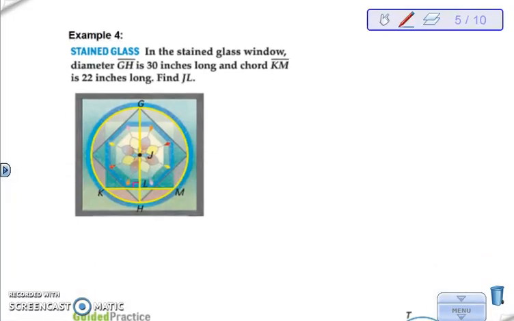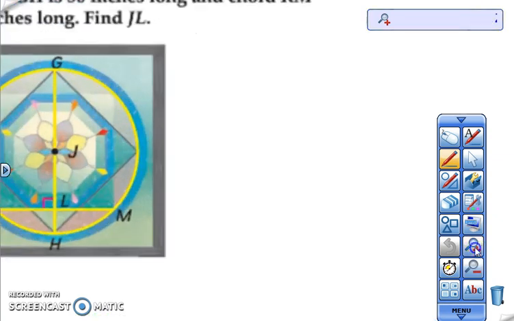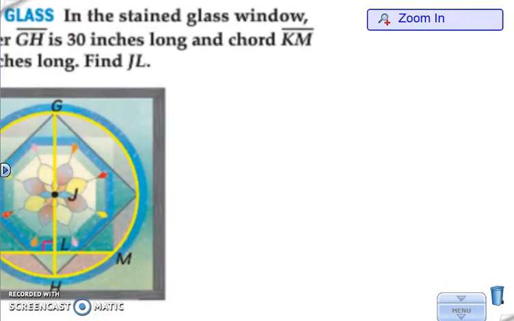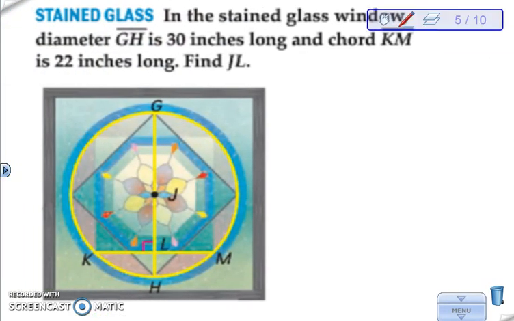All right, example 4 is going to use the same theorem, only it's going to be a little more complicated when it comes to the math. So if we look at what we are given, we know that the diameter of the circle is 30 inches, and the chord from K to M is 22 inches. We're looking for JL.